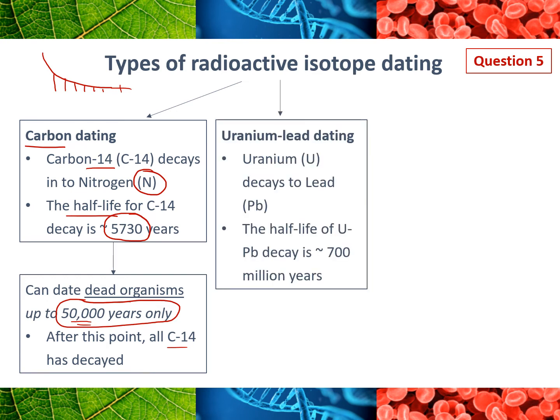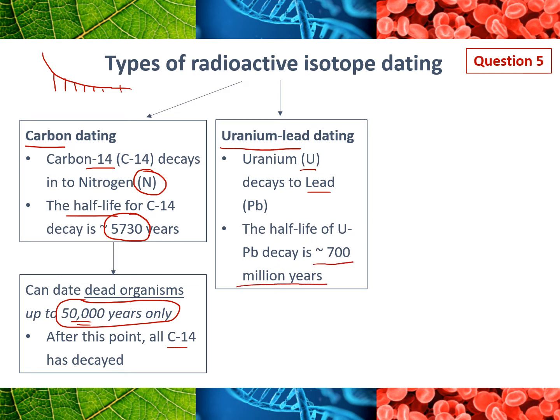Then there are 2 other types of dating that have come up a lot in past exams that can date much, much older. So one of them is called uranium-lead dating. Okay, so uranium decays into lead. The half-life for this decay, so the amount of time it takes for half of that uranium to remain, is 700 million years.